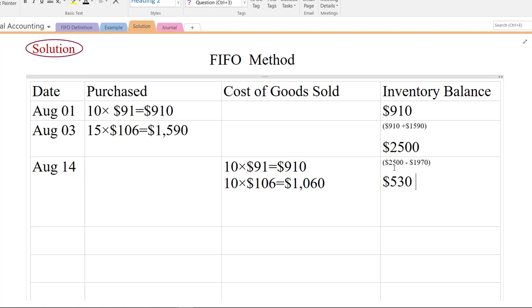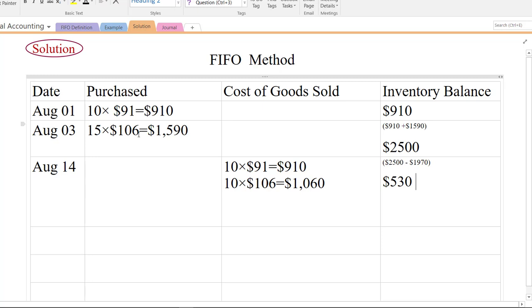In other words, students, you can see here that the total number of inventory units we had was 10 plus 15, 25 units, and out of 25 units we have sold 20 of them. So how many units are left, students? 5 units are left. Now the 5 units which are left are at what cost? At the cost of 106.